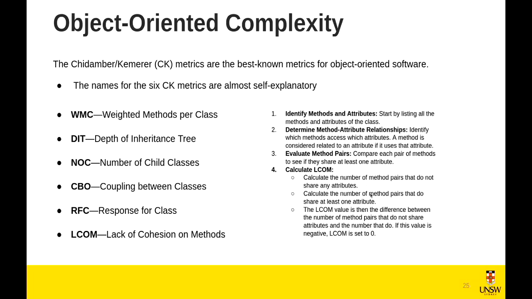This will give us lack of cohesion. And because this may sometimes give us a negative number, if the value is negative, then the lack of cohesion of methods is set to 0, which means that the methods are not sharing any attributes at all.